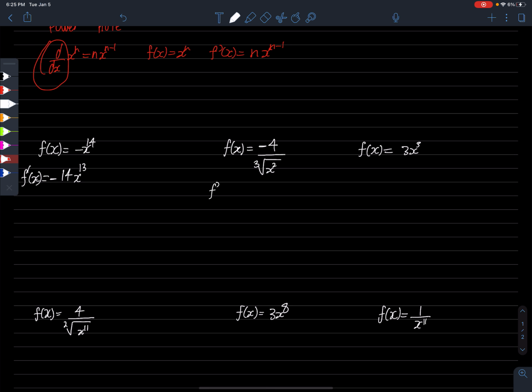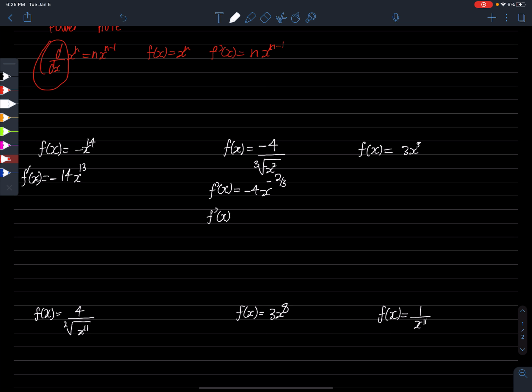For this one, f prime of x is equal to, so to simplify this, all you have to do is just bring the exponent to the top. So it's going to be negative 4 times x, negative to signify that it was under it, 2 over 3. So now it's the same thing. It's just x to the n. The constant in the front does not matter.